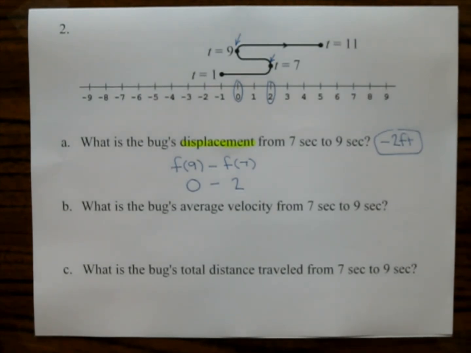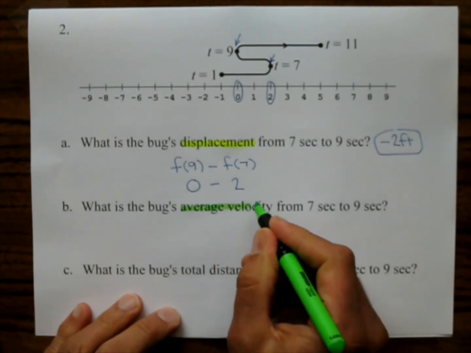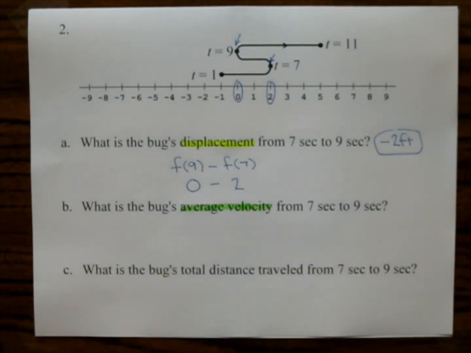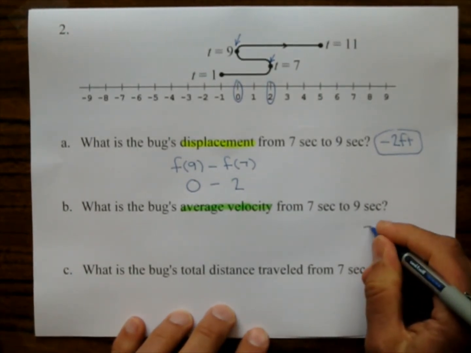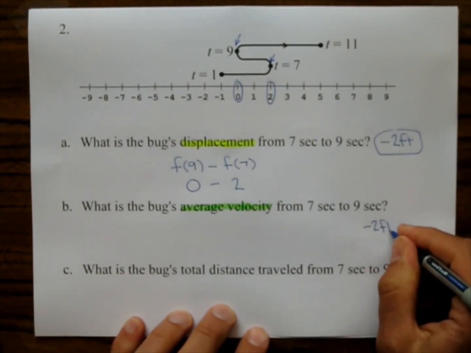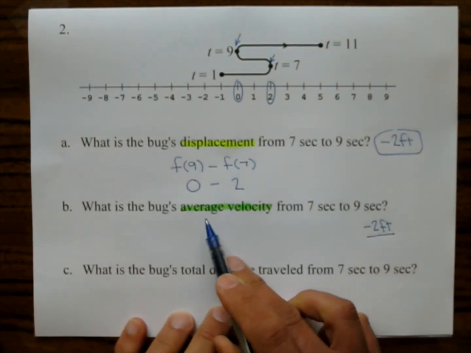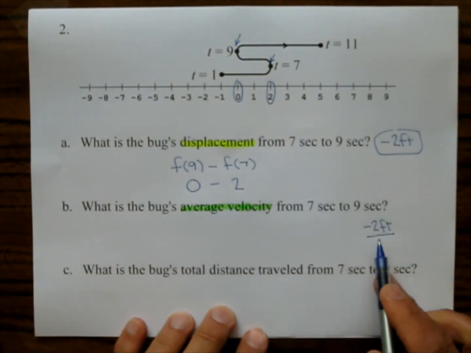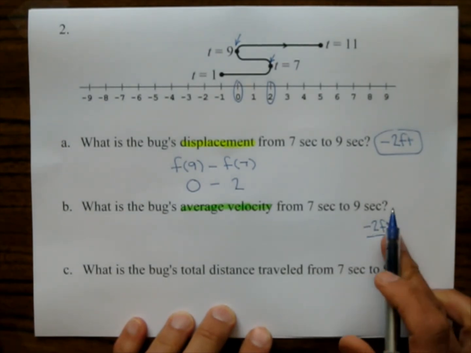Okay, so now the bug's average velocity. I'll do this the quick way. The quick way means we already know that the displacement was -2 feet. And to get the average velocity, we take the displacement and divide by the time.